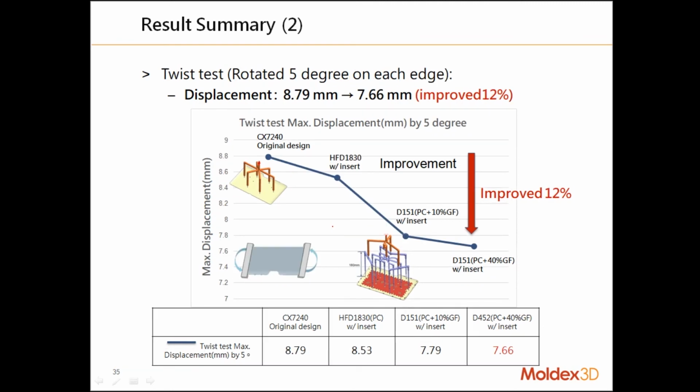Secondly, in the twist test, the improvement is not that big, but from the quality point of view, it also gives us a good direction to improve our product in terms of strength, by using CAE software to do the validation, especially in consideration of the fiber orientation output from the FEA interface to the FEA software.